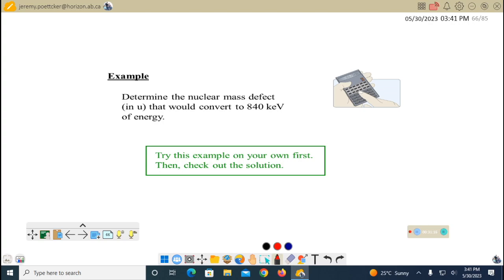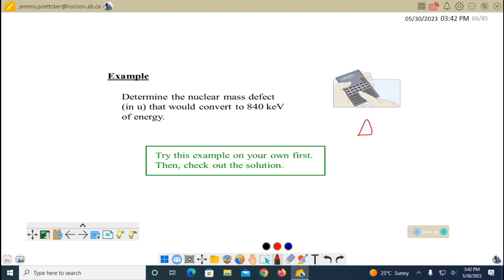Continuing. Determine the nuclear mass defect in u that would be required to convert to 840 kilo electron volts of energy. All right, so in this case, what are we going to do?